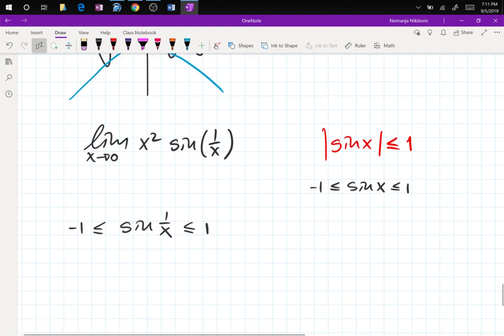And now when you are comparing these, you see that you have x squared missing. So what you do is you multiply through by x squared, and you get negative x squared less or equal than x squared sine of 1 over x less or equal than x squared.